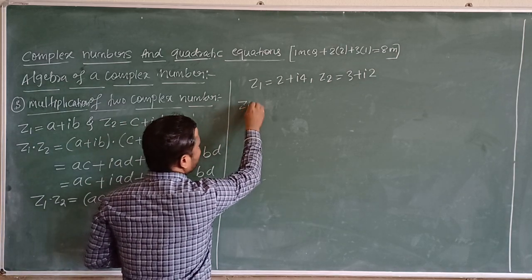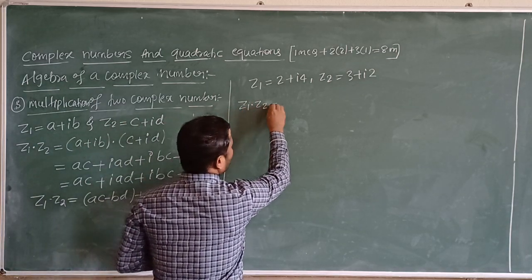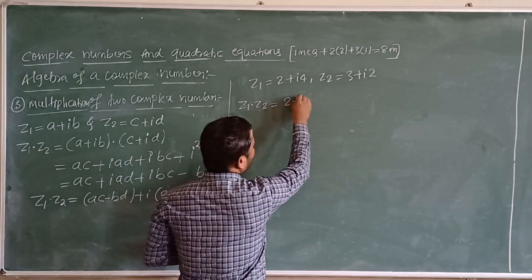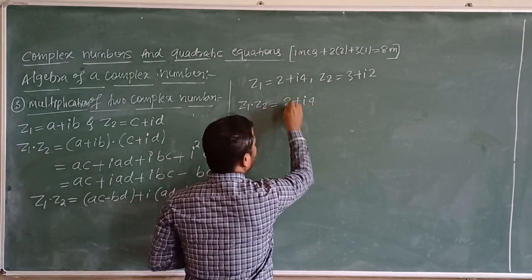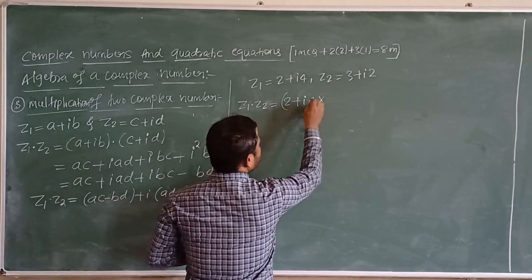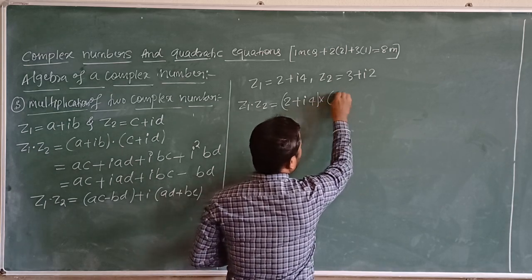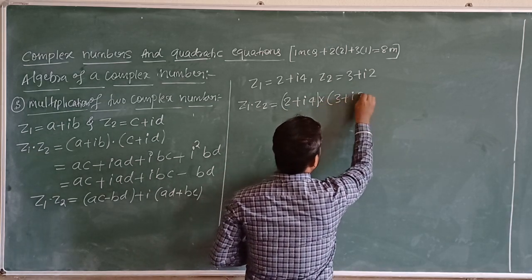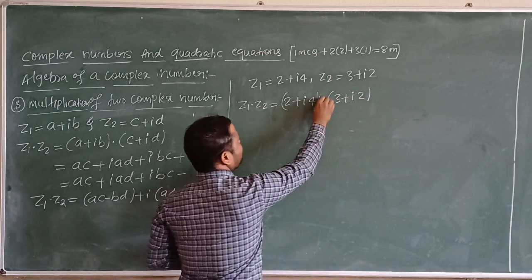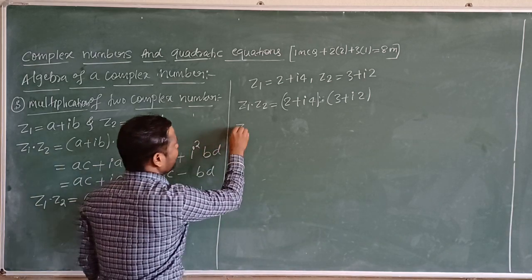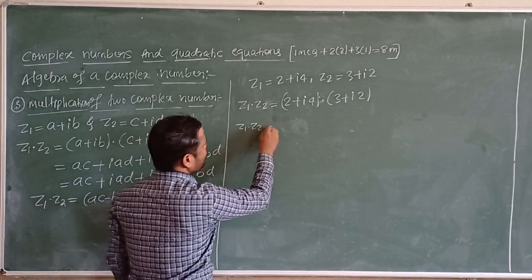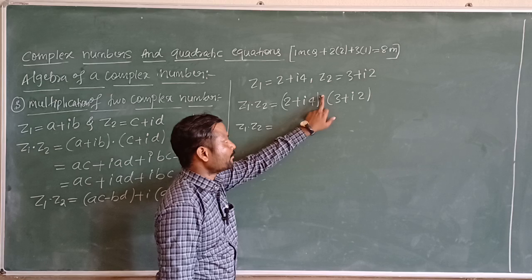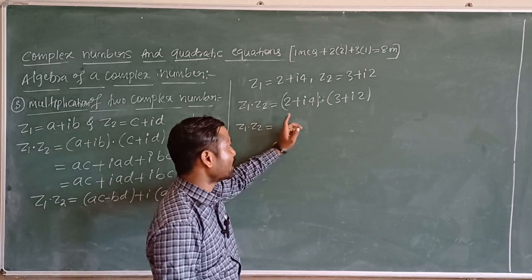Take again z1 into z2 is equal to, the first complex number 2 plus i4, into the second complex number 3 plus i2 now.